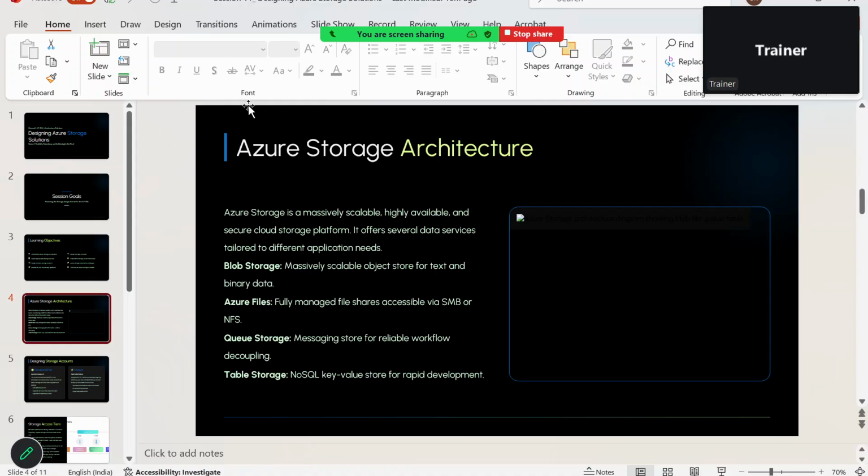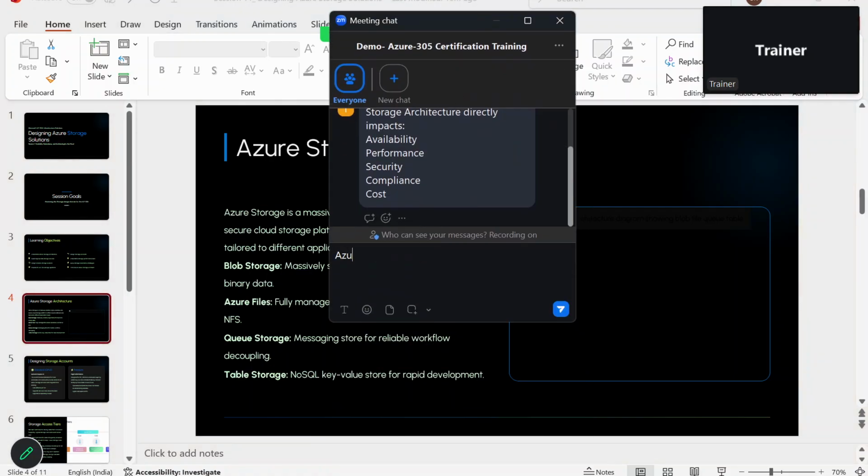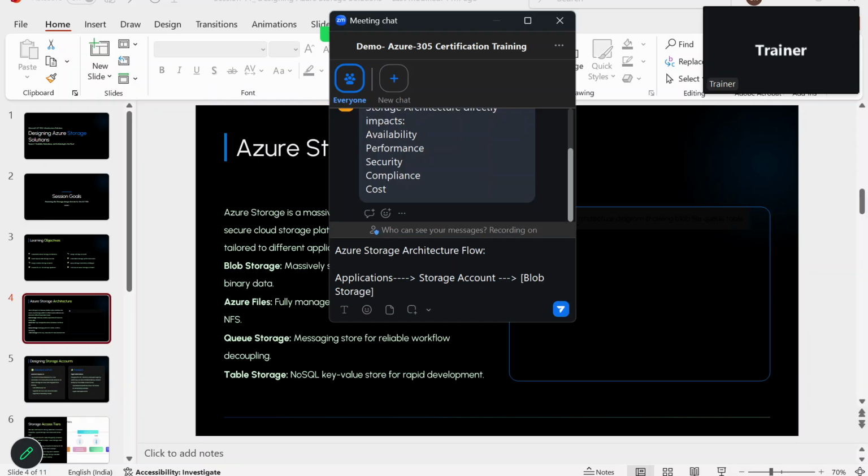So what is the Azure storage architecture? The flow looks like this: applications, then storage, which is a combination of blob storage, file storage, queue storage, and table storage.